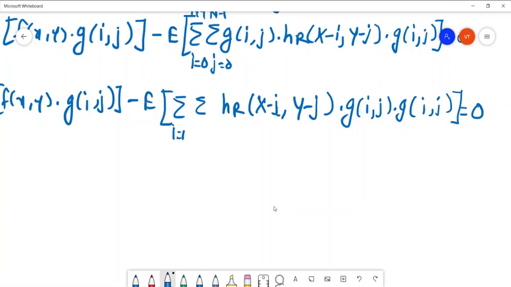This will again vary from i equal to 0 to n minus 1, j equal to 0 to n minus 1.